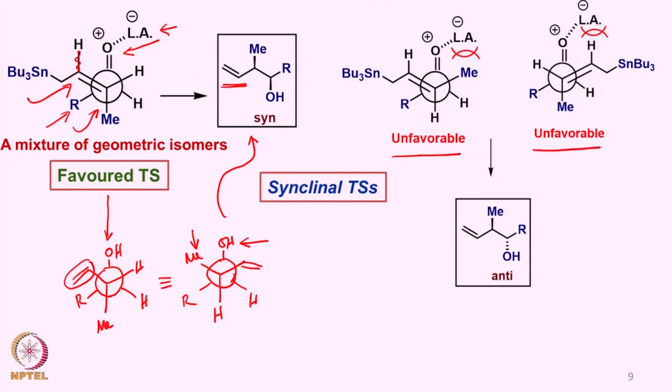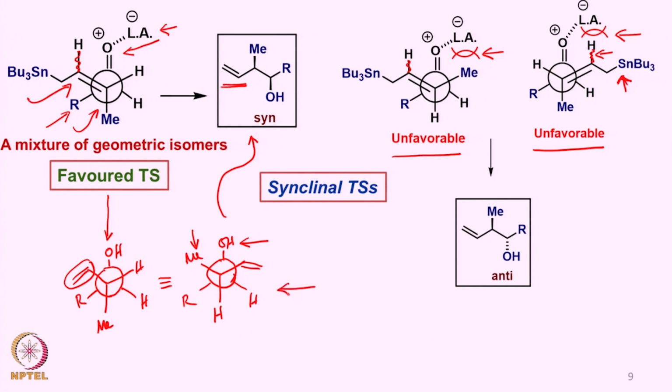Each one of them is a synclinal orientation with respect to the aldehyde, and therefore if we put the same reagent here like this, then of course we expect that there is going to be a steric hindrance here between the Lewis acid and the methyl group, and in this case there is a steric hindrance with respect to either hydrogen here or the tin, depending on which stereoisomer we are taking, because we have started with a mixture of the olefin, the Allyltin molecule.